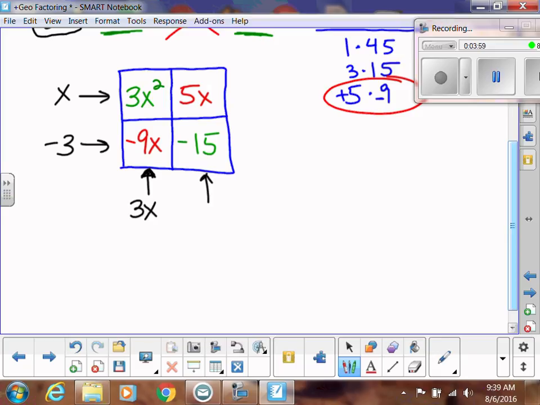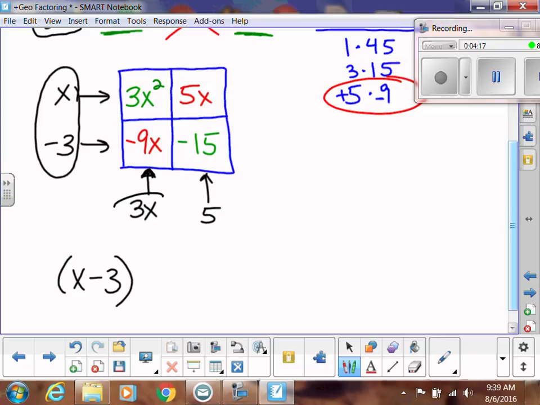And then in this second column, I've got a 5x and a minus 15. So that would be a 5. Okay, so all we're doing is we're saying this over here is going to be one parenthesis. These numbers down here are going to be the other parenthesis.